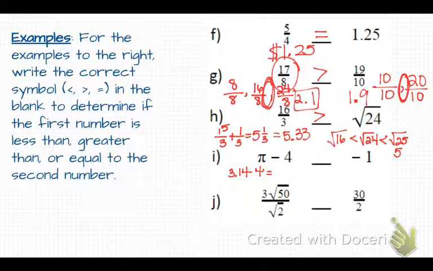I got a question for you. Here's how I do decimals all the time. Let's say I have $3.14. How much more money do I need to get to $4? Do I need $1 or do I need less than $1? I need less than $1. Do you understand that?